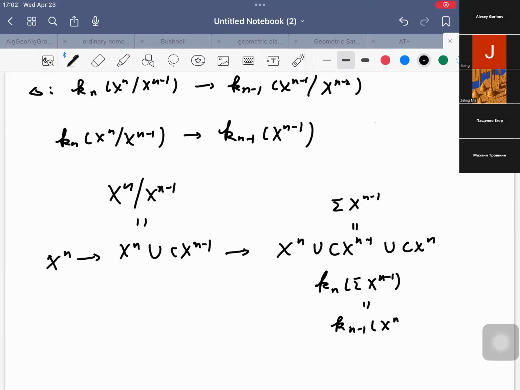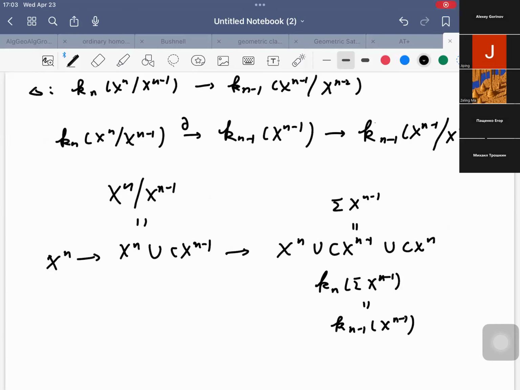way to define delta would be to interpret the source and the target as relative homology groups. For example, K_n of X_n mod X_{n-1} is the same as K_n mod X_{n-1}, the non-reduced version.